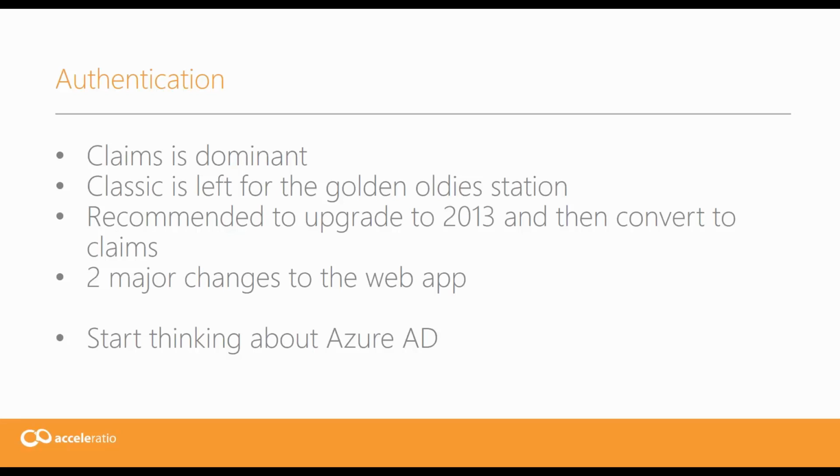The tools in 2013 are better than they are in 2010. The tools in 2016 are better than they are in 2013, so you're better off doing it there. When you do that convert, there are two things that happen. One of them is that the web app itself, its authentication mechanism is changed, IIS changes, things like that.